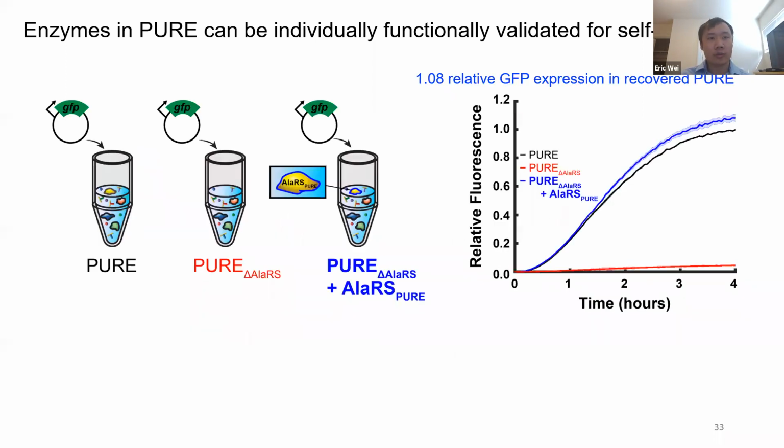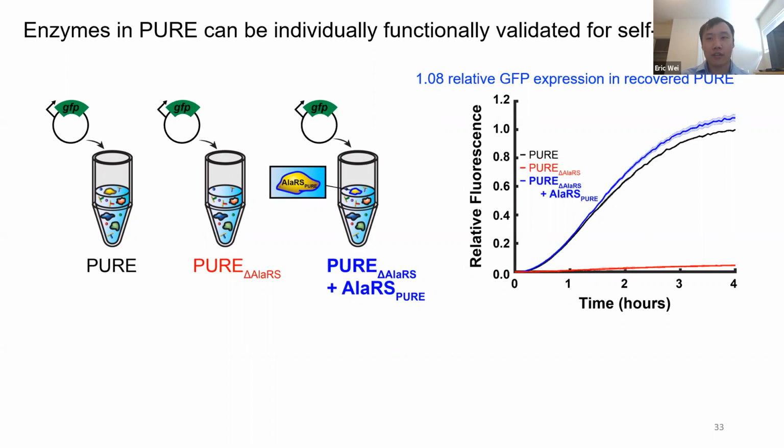So when you add the alanine synthetase produced by PURE into the PURE deficient of the alanine synthetase, or the dropout PURE, we found that the system was then able to recover expression.